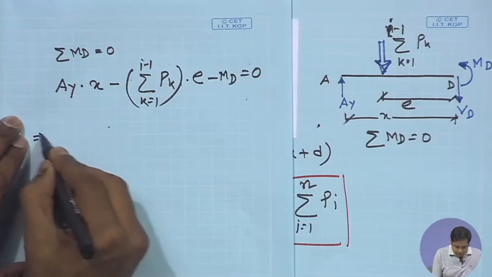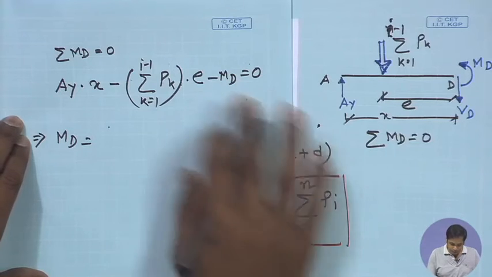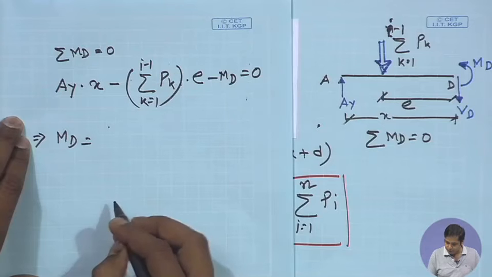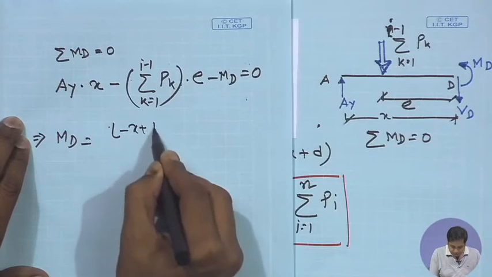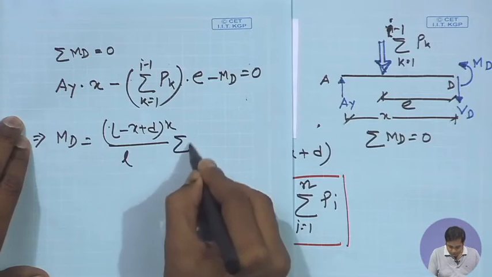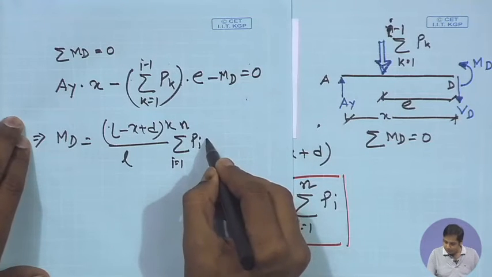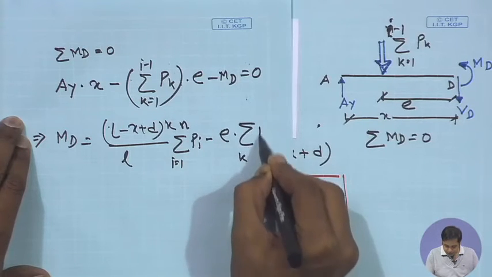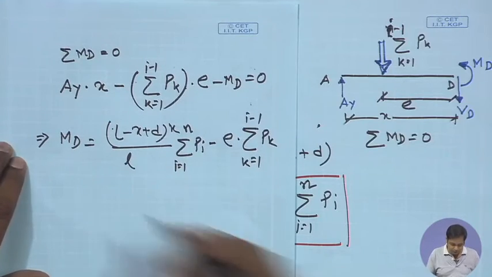And if we do that, we get the expression for Md. Ay we already obtained. If we substitute that value, this will be (L minus x plus D) into x divided by L, summation of Pi, i equal to 1 to n, minus e into summation of Pk, k equal to 1 to i minus 1. This is the expression for Md.